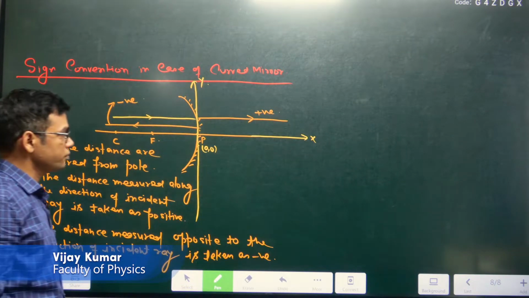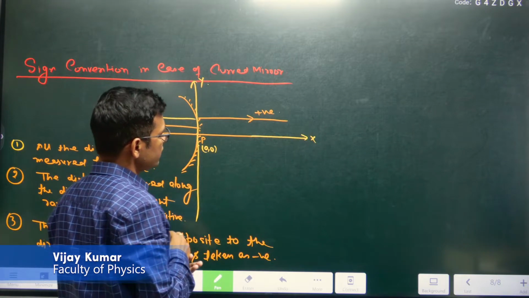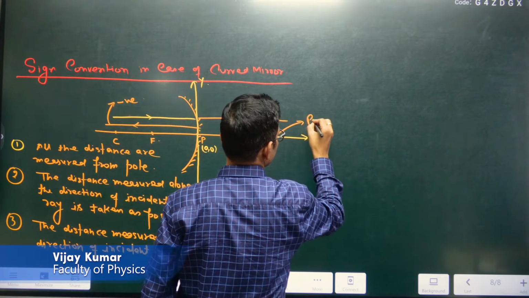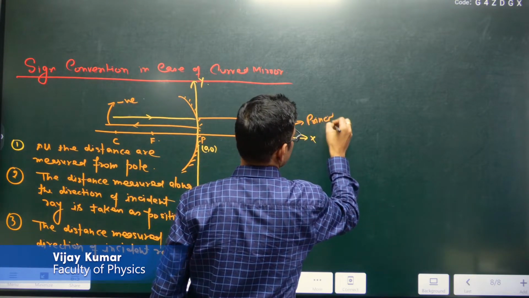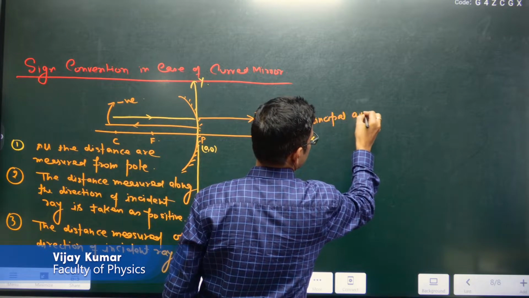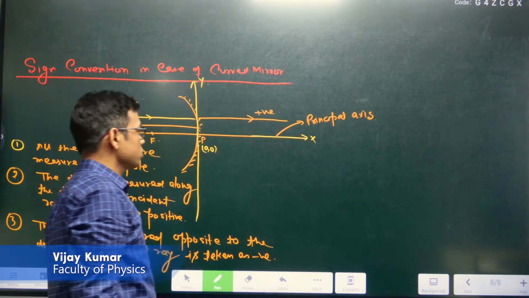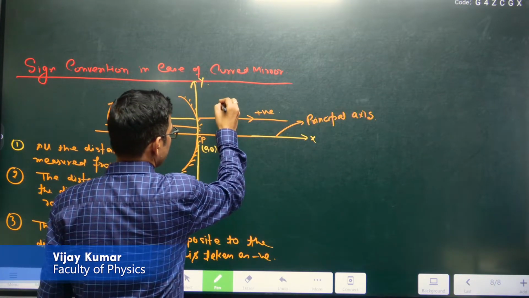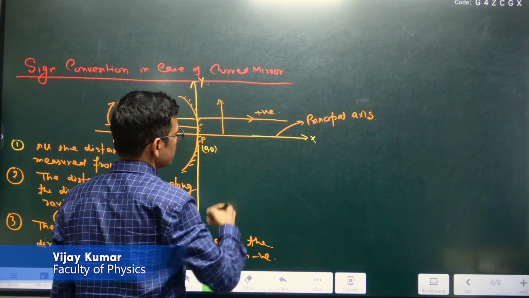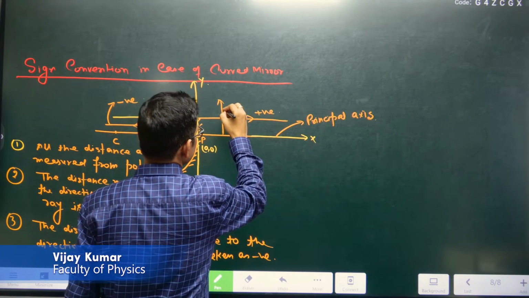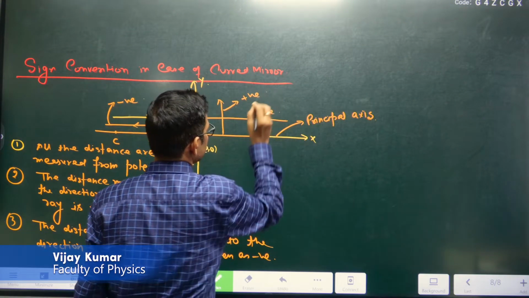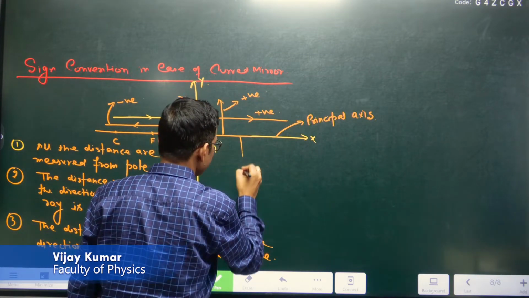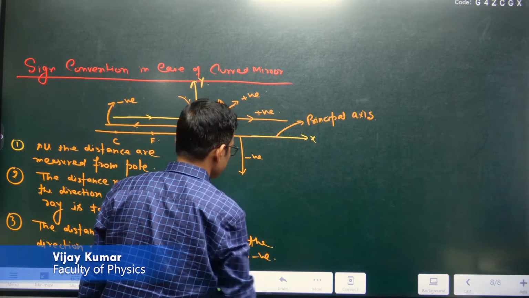Now rule number 4. So this is your principal axis. All the distances which are measured above the principal axis, suppose this distance, is taken as positive, and the distance measured below the principal axis is taken as negative.